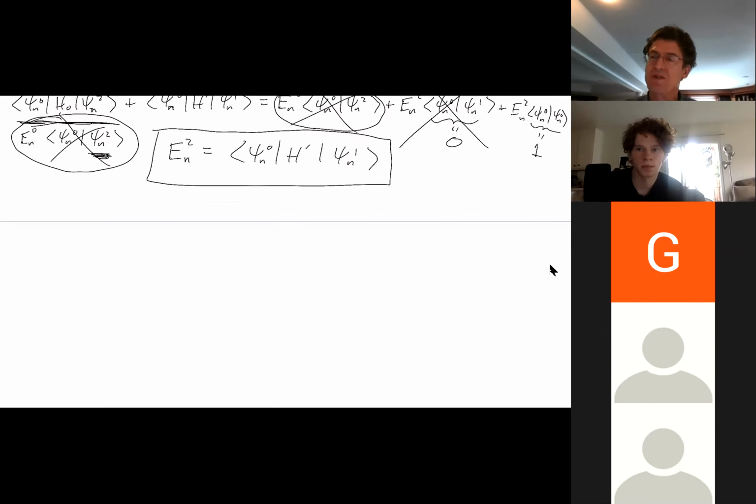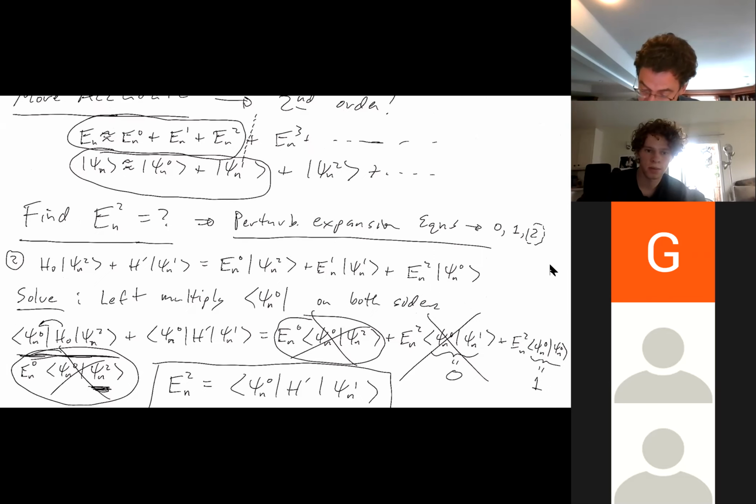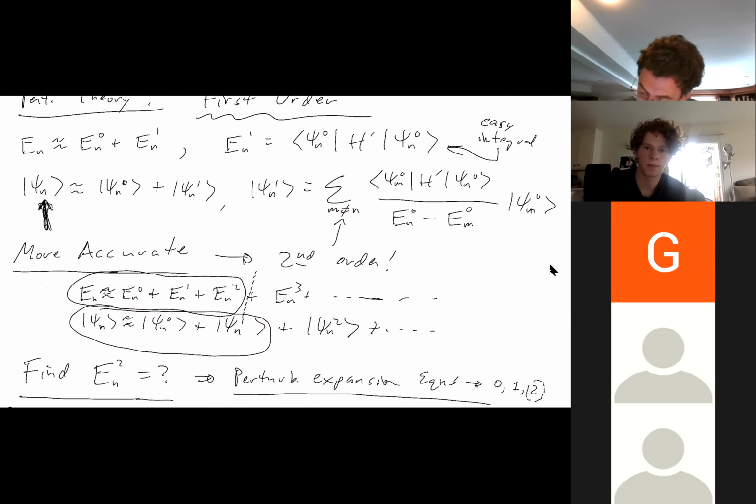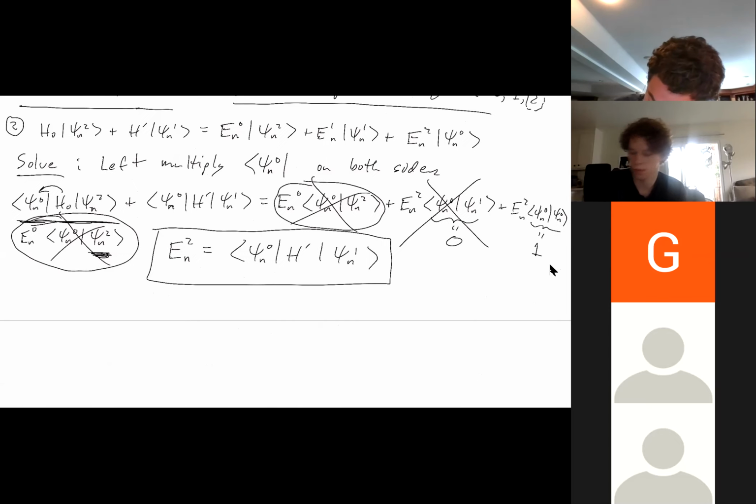So what do I do now? Can you guess? Plug in the result that we got for psi n1. Exactly, that's exactly what we do. And where is that result? Ah, yeah, here it is. Exactly, I got this formula. I will plug that formula in. That's exactly right.